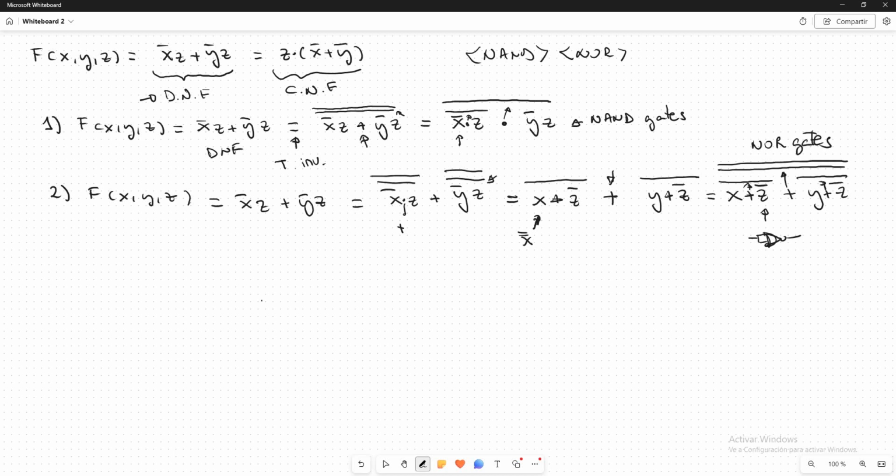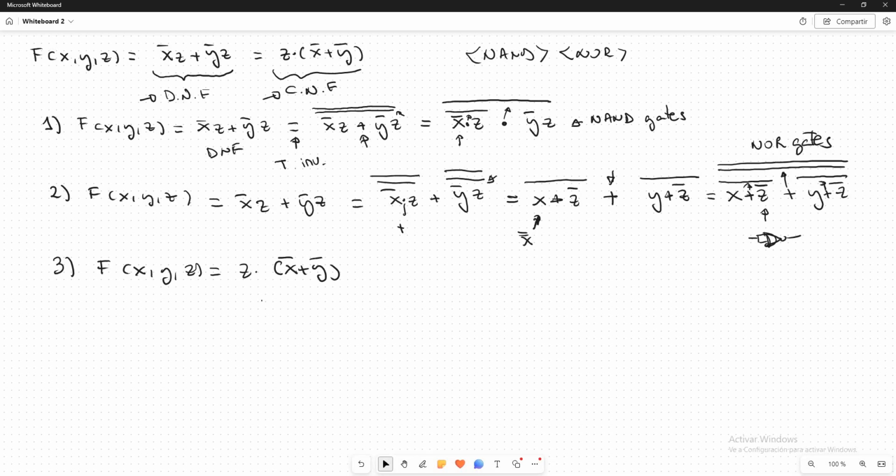This is more complex. Why? Because actually the best method to implement a function with NOR gates is using the conjunctive normal form. We are going to say it. The conjunctive normal form is this.